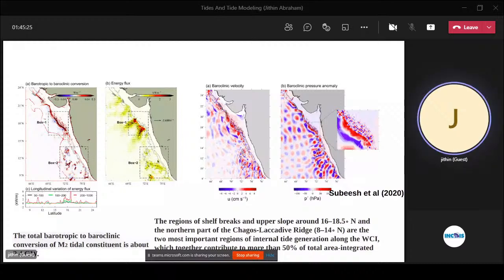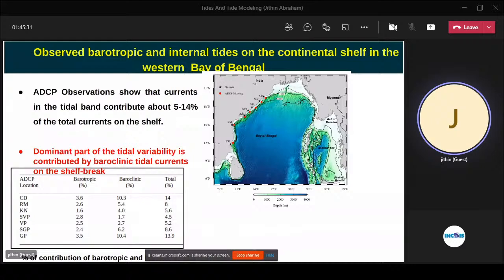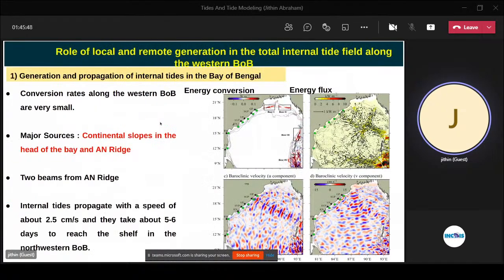Okay, similar to that, on the east coast of India, there are observations and numerical studies on internal tides and barotropic tides. The tidal currents in this area are relatively weak compared to the west coast, and studies show that most of the internal tide observed all along the east coast of India is coming from the Andaman and Nicobar Islands, especially the northern part and southern part of the Andaman.